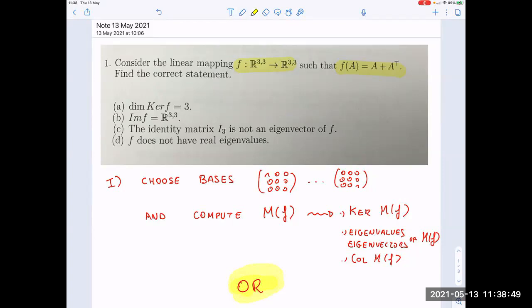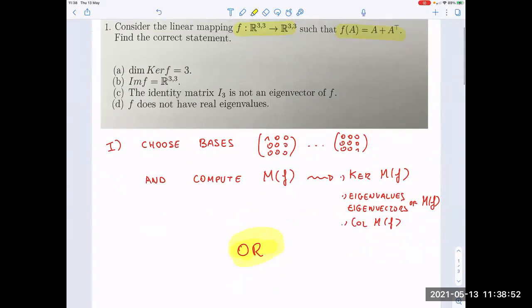What I recommend is to use properties of F, so use the definition of F. It is sometimes hard, especially at the beginning, to do things without computing much, because the easiest thing to do is to learn algorithms, to learn a procedure, a machinery that will give you the answer.